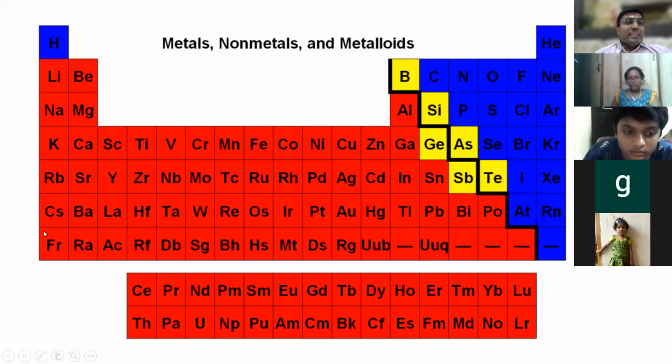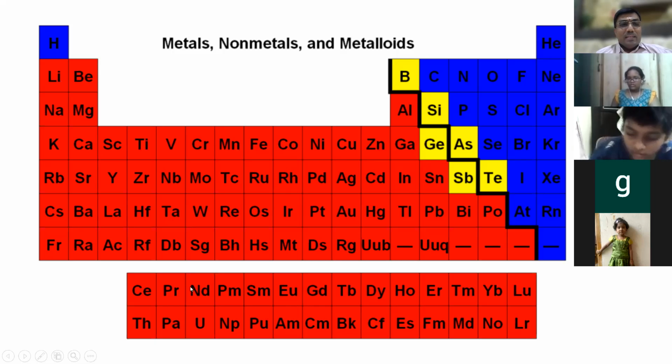These are called S block elements. So these S block elements are all metals. Similarly, you can see here, students, scandium to zinc, yttrium to cadmium, lanthanum to mercury. So these are all D block elements. So all the D block elements are metals.